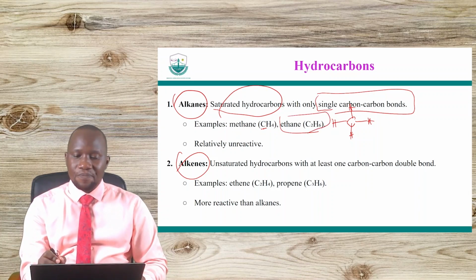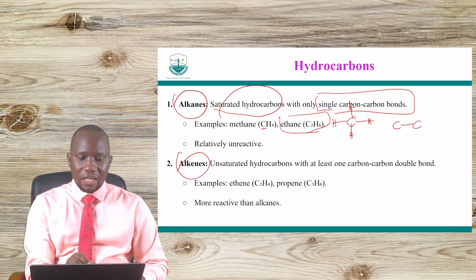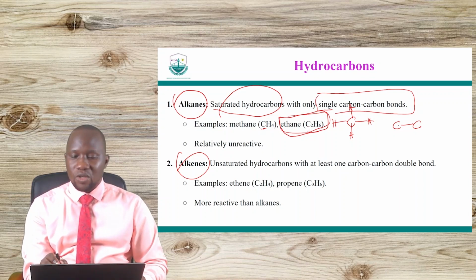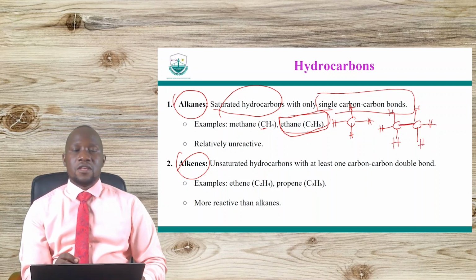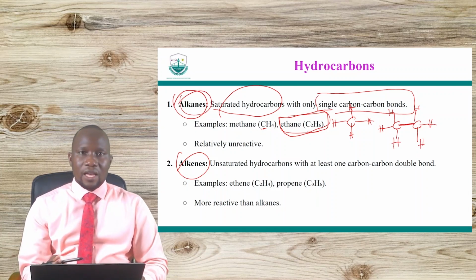We have two carbon atoms, so between the carbon and the other carbon there is only one bond, and the rest are hydrogen, and that's why we have 6 hydrogens: 1, 2, 3, 4, 5, 6. So this is a single bond. That is what happens with alkanes.